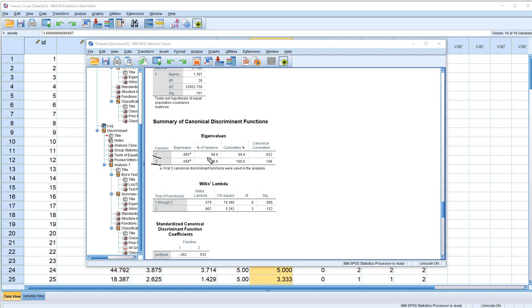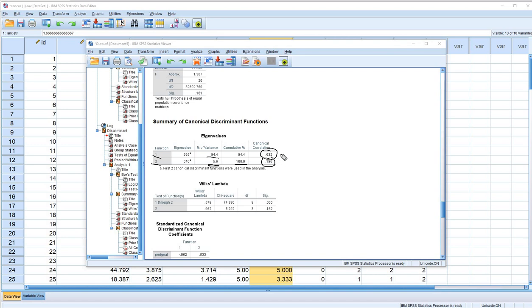So the first function, you can see that it accounts for 94.4% of the total between-group association between the predictors and the outcome. And the next function accounts for an additional 5.6%. So the total between-group variation accounted for is 100%. The first canonical correlation is 0.632, and then the next one is 0.196.